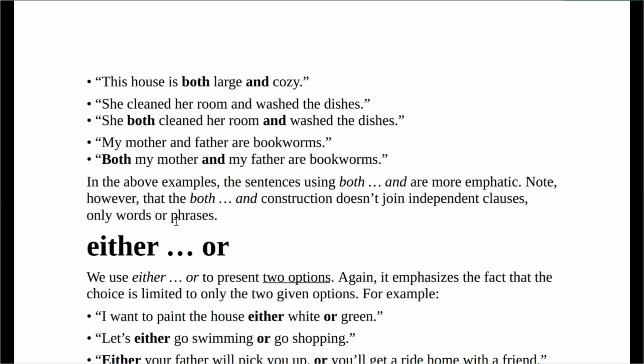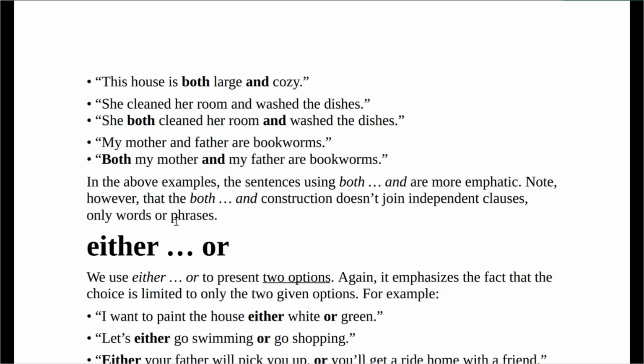She both cleaned her room and washed the dishes. My mother and father are bookworms. Both my mother and father are bookworms. So in the examples above, the sentences that use both and are more emphatic. But note that the both and construction doesn't join independent clauses. It only joins words or phrases.